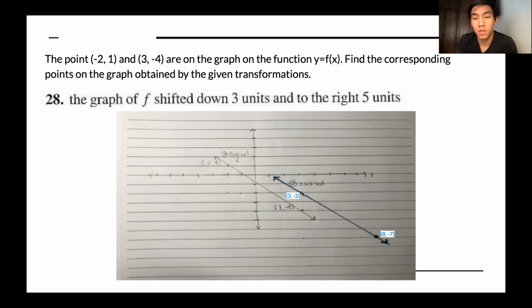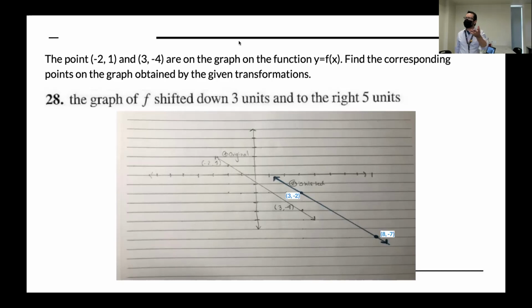Here's the first point that we shift. Then we have here the second one. So we go down 3 and 5 to the right. And here's the second point. And then we draw the line, and this is how it ends up.